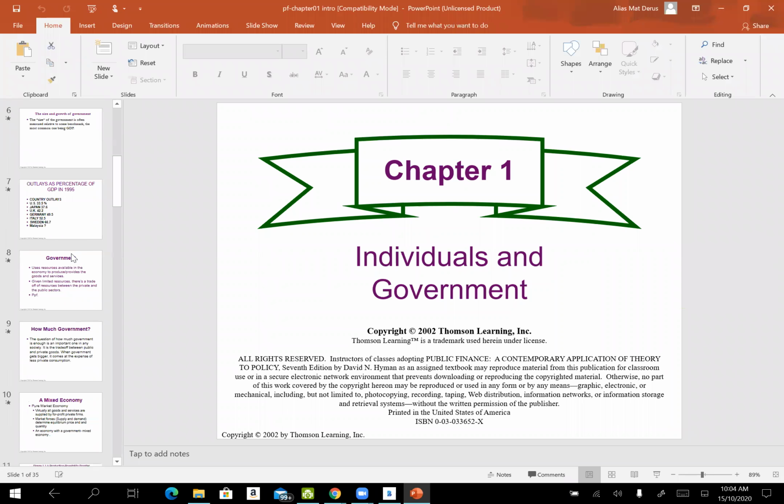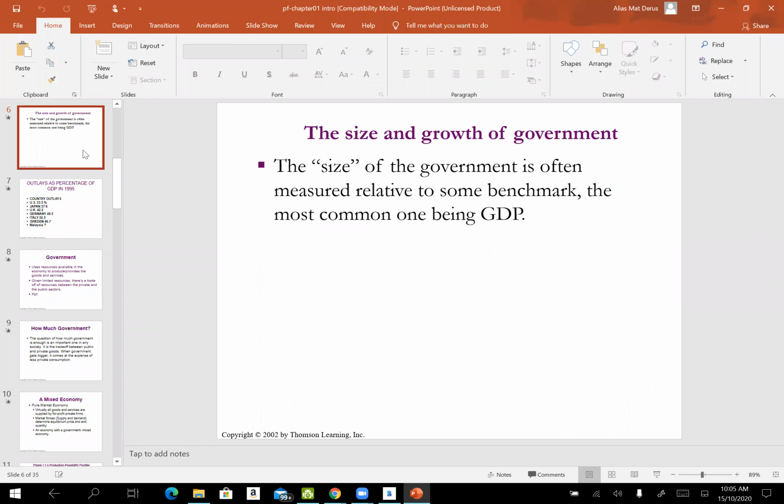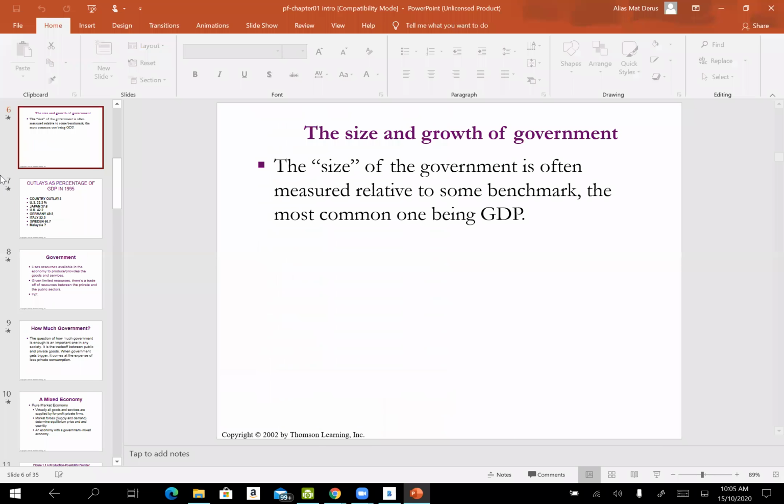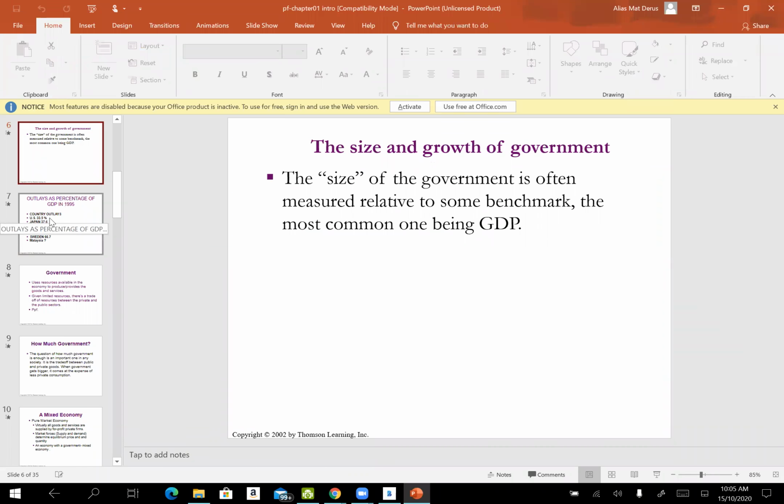So that's how you measure the size of the government. How big the government is, in terms of the ratio to the GDP. That is the common measure.